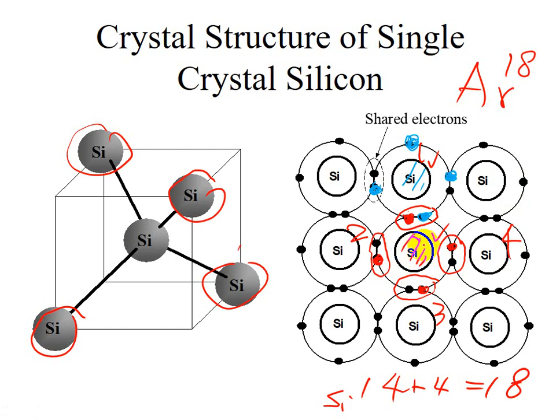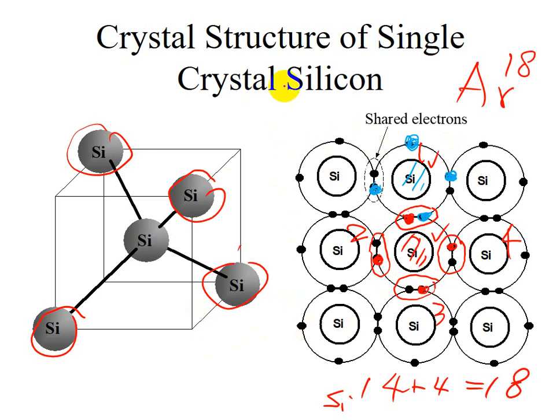After the center atom forms a stable configuration, all the other silicon atoms form bonds with their neighboring atoms in the same manner, so they form a solid.